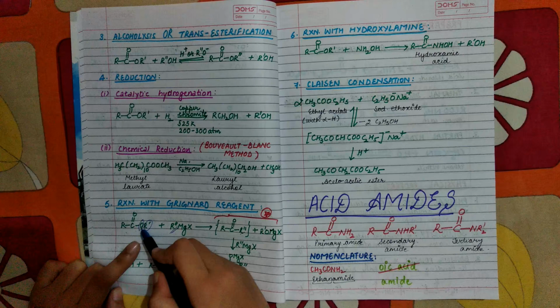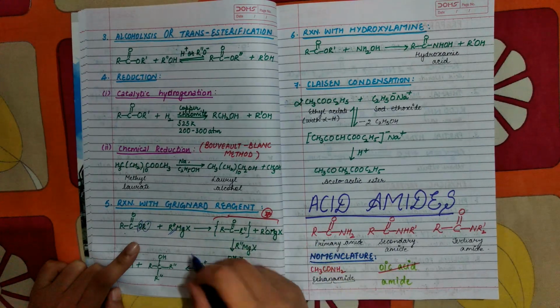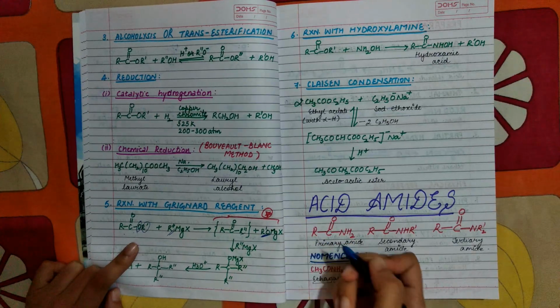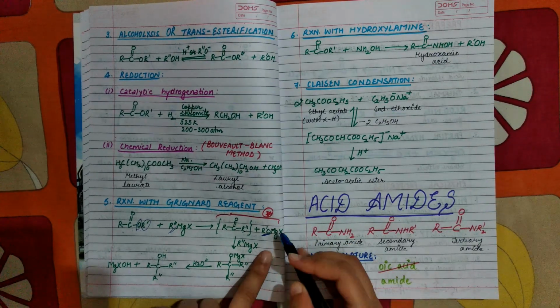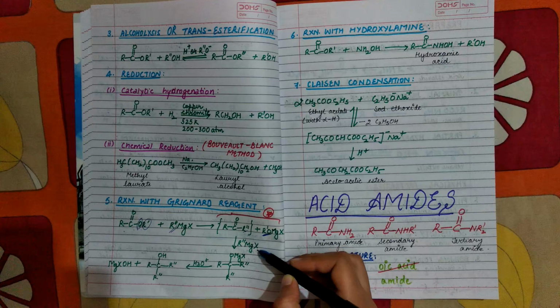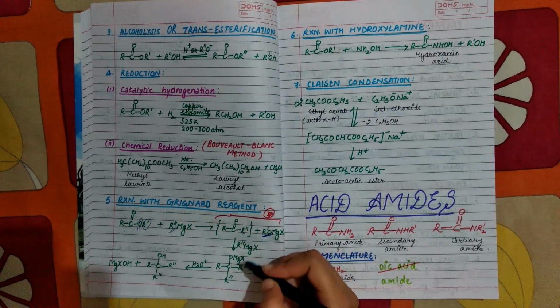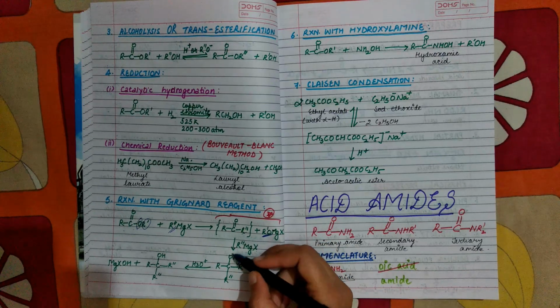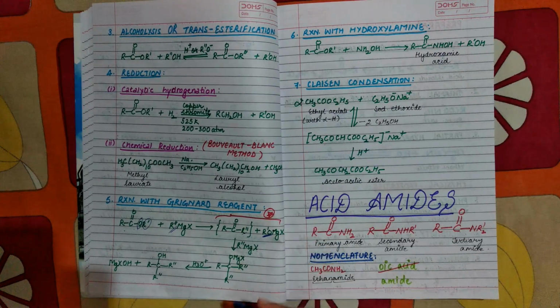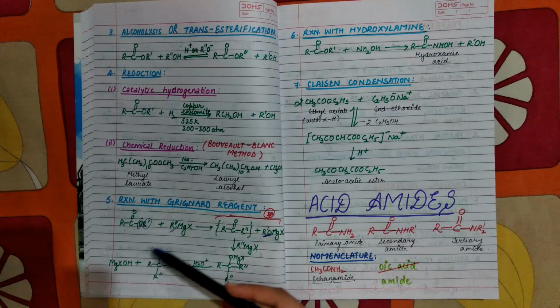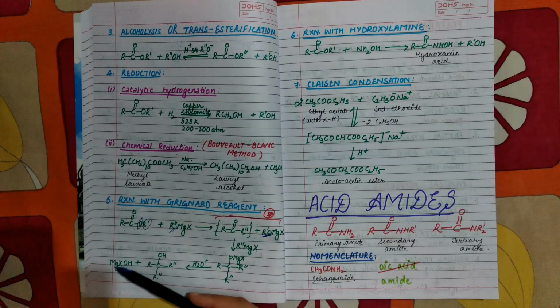And this OR dash group goes to magnesium. OR dash attacks magnesium here. Now again Grignard reagent is added and this Grignard reagent attacks on carbon and oxygen to form this. Now hydrolysis is done in the acidic medium and we get 3 degree alcohol plus MgXOH.